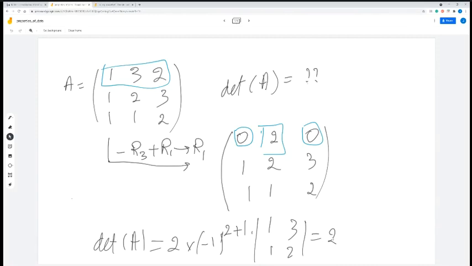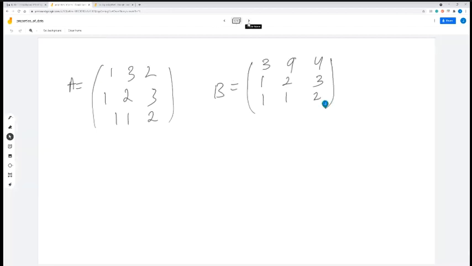So I'm going to copy it first and then show it to you. A was this matrix, 1, 3, 2, 1, 2, 3, 1, 1, 2. And now I'm considering this matrix where the first row has been multiplied by, let me say, 3.